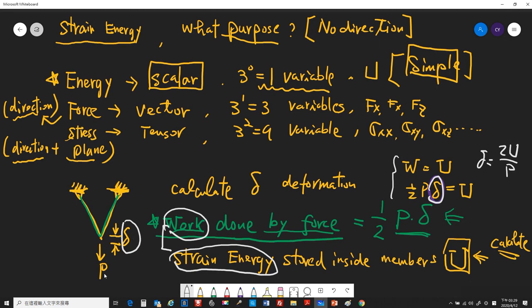So in this case, the work done by the force is equal to the strain energy stored in the member.